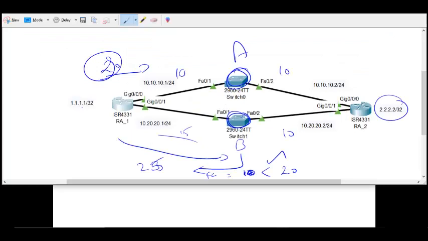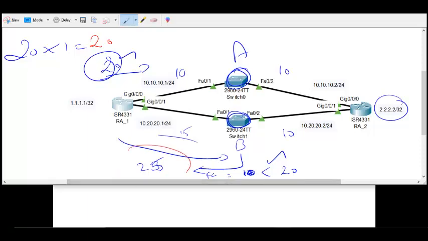What is variance? 20, this 20 multiplied by 1. What is the answer? Any path whose metric is 20 will be used. Will this be qualified? No. Path B is not qualified.